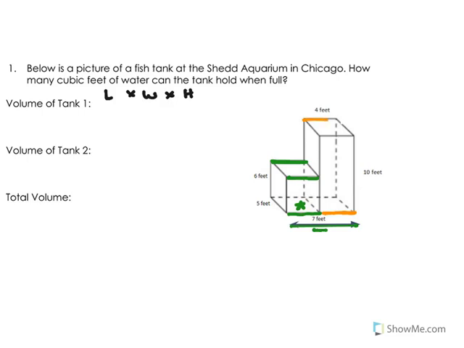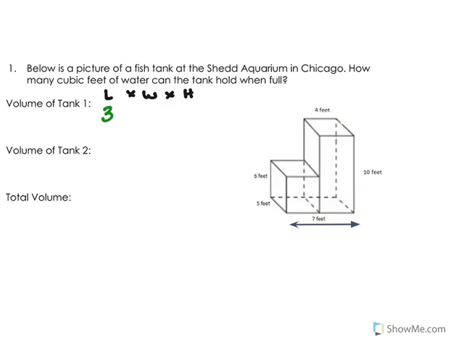I can see tank 2 is 4 feet long. So if I have a total of 7 feet and tank 2 is 4 feet, then that means tank 1 is 3 feet. So the length of tank 1 is 3 feet.